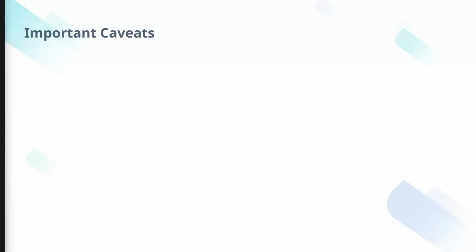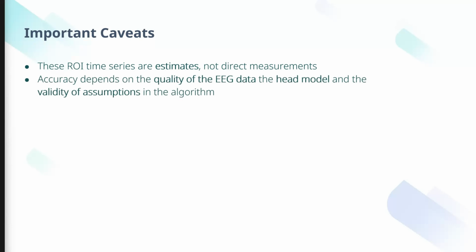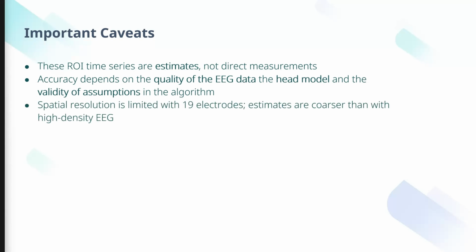So this algorithm is good, but it's not perfect. Some things to keep in mind is that we are dealing with estimates, not direct measurements, unless the EEG is implanted in the brain. So the accuracy here is going to depend on the quality of the EEG data, the head model being used, and how valid those assumptions we made are.